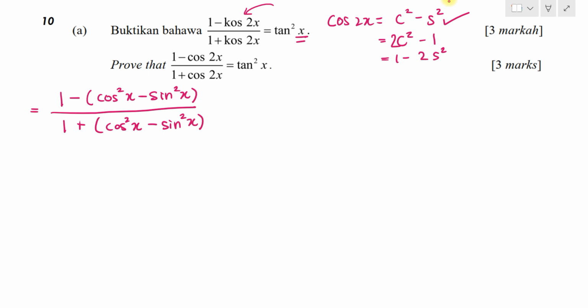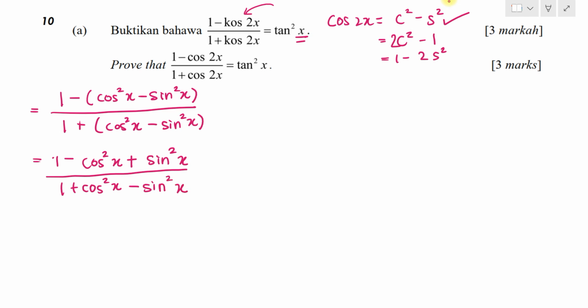So what do we get? 1 minus cos square x plus, minus minus becomes plus, sine square x, divided by 1 plus cos square x minus sine square x. Now we need tangent square x, which is sine square x over cos square x. So how do we do this? We need to think another way.